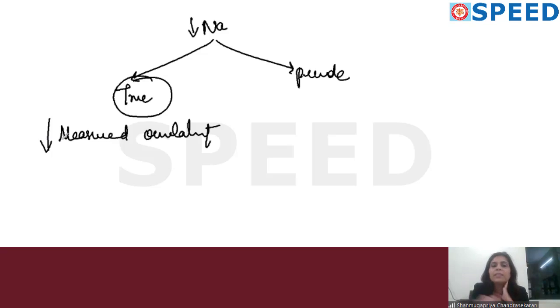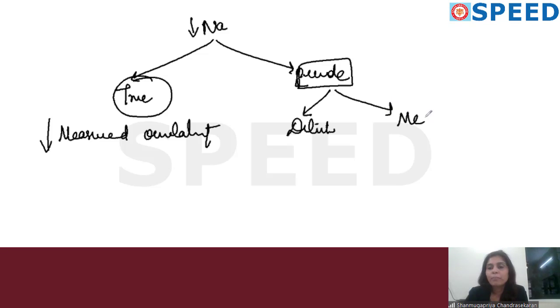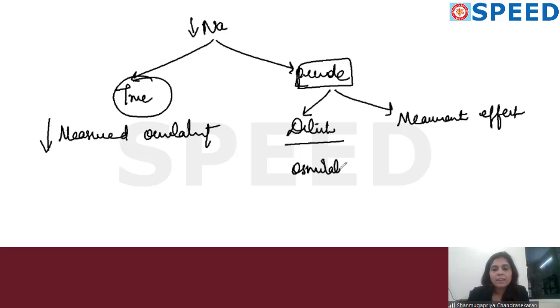Do you understand this? Whereas if it's pseudo-hyponatremia, which is caused either by dilutional hyponatremia or because of measurement effect, osmolality will be either high or normal.